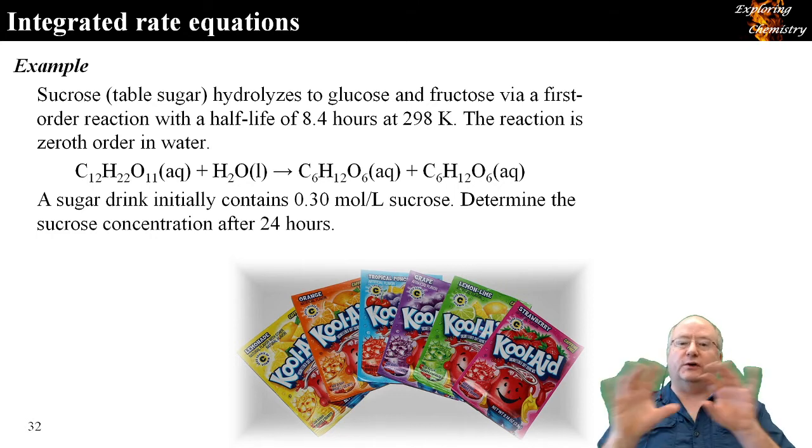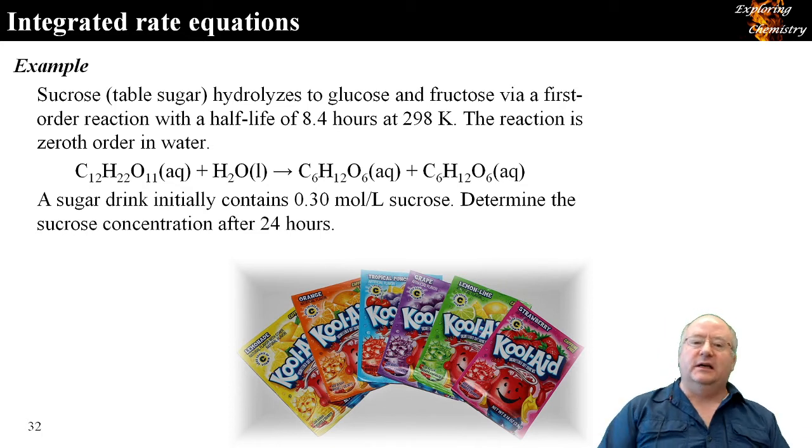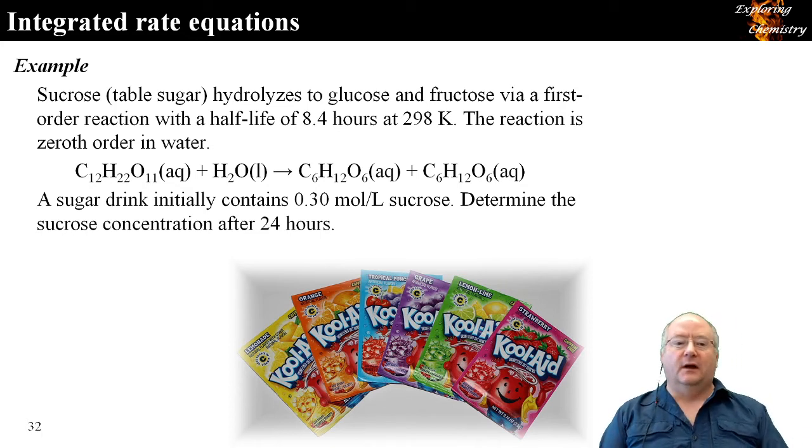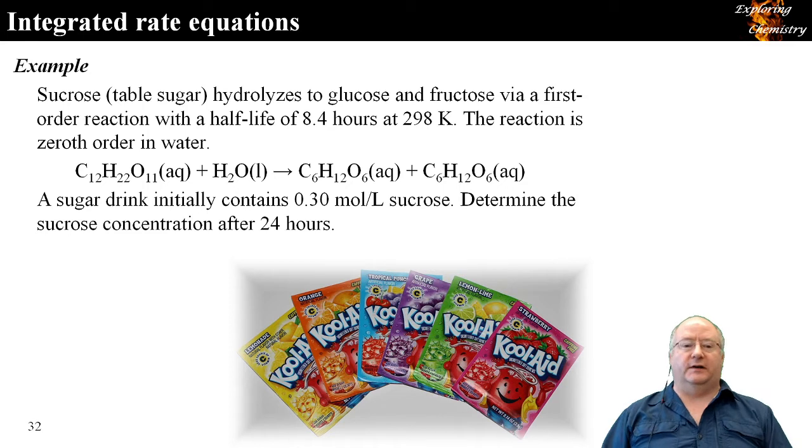So glucose and fructose are monosaccharides. And that process is first order in sucrose. The half-life at room temperature, 25 degrees, is 8.4 hours. And while water needs to be present, it is zeroth order in water. The water is a liquid, the solvent. So here we have sucrose plus water reacts to form glucose and fructose.